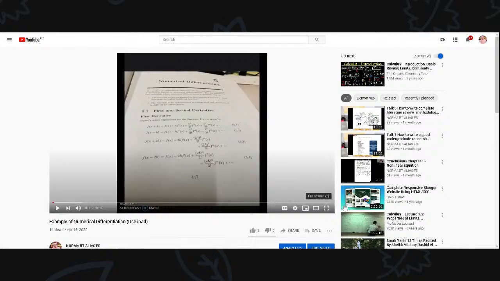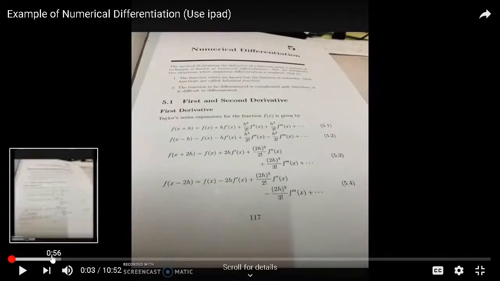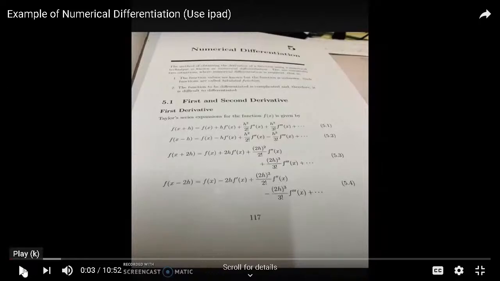All right, so now I want to refer to the books that you have. Sometimes we forget the books, but today I want to refer to the books that you have now. So let's go to chapter 5.